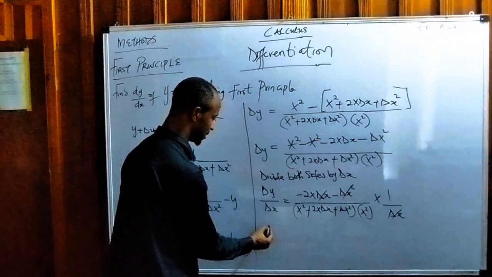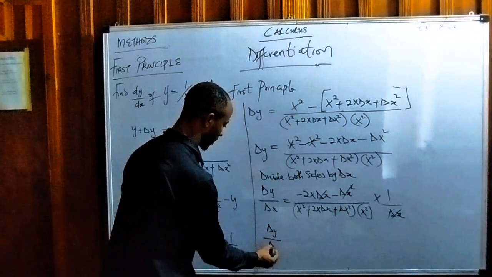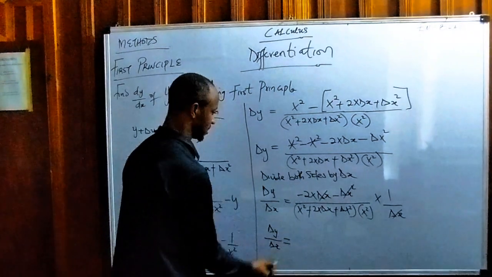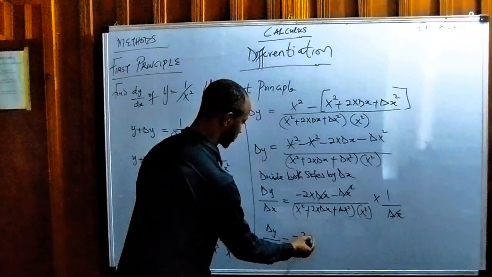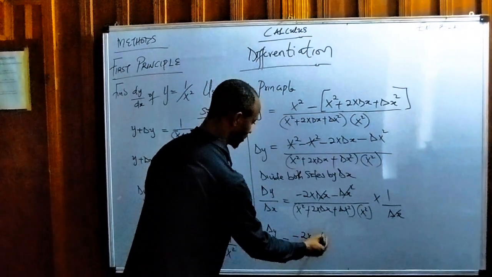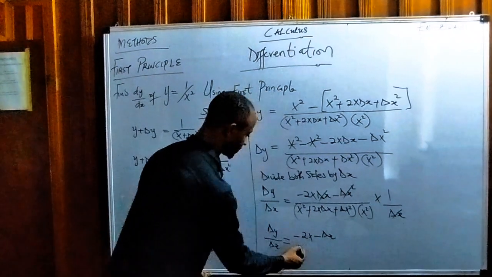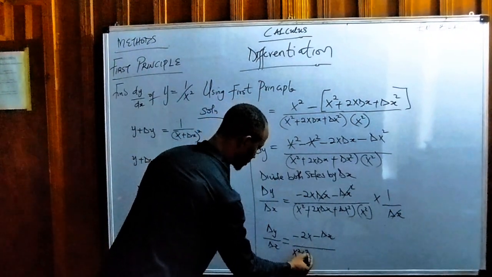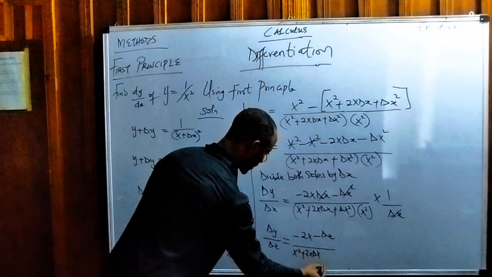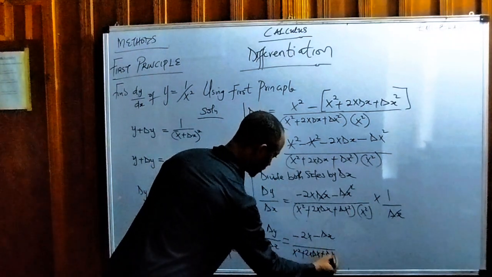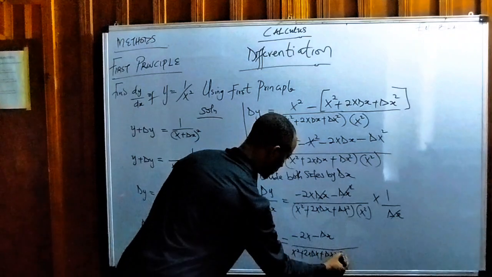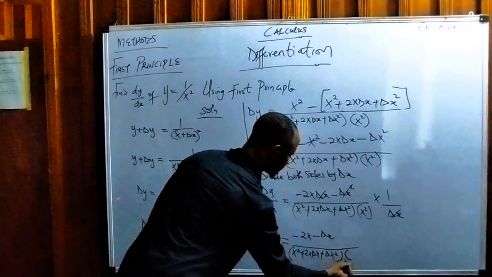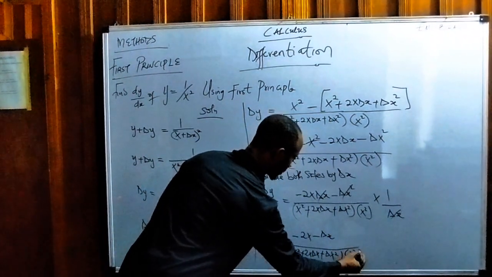So we are left with delta y over delta x equals minus 2s minus delta x, divided by s squared plus 2s delta s plus delta s squared, all multiplied by s squared.